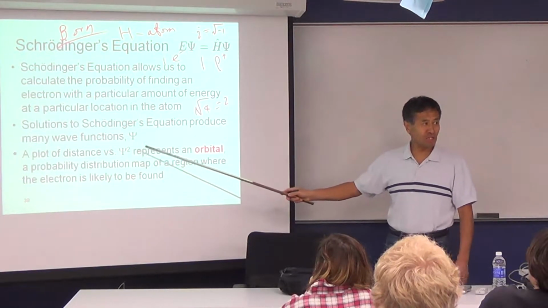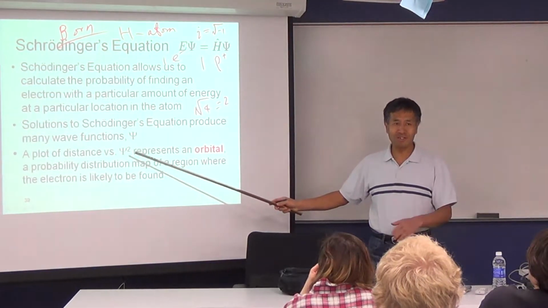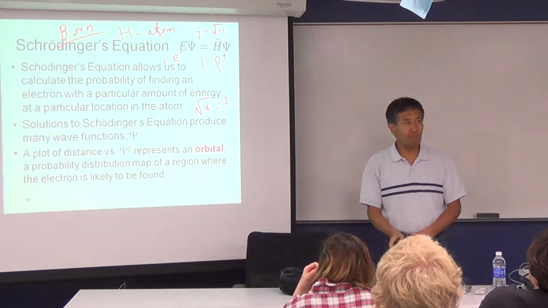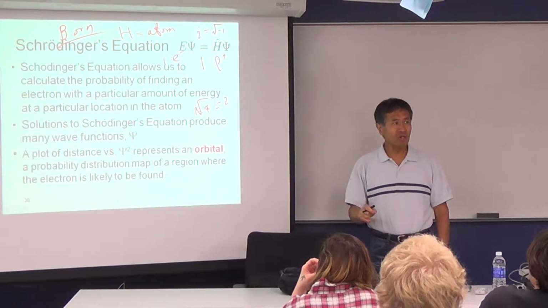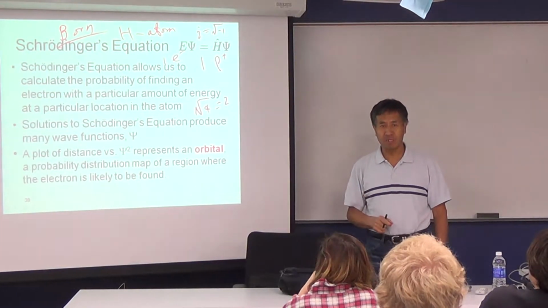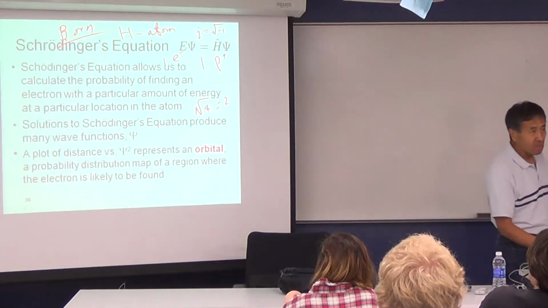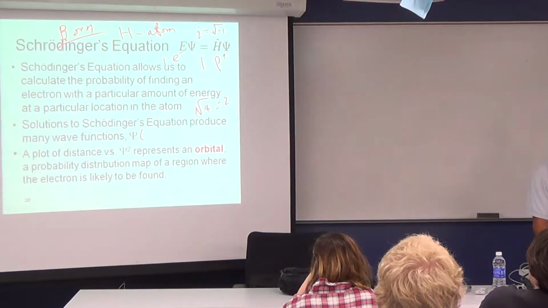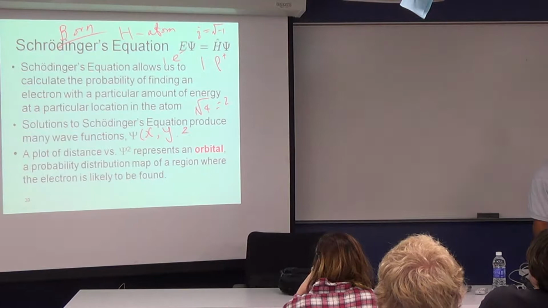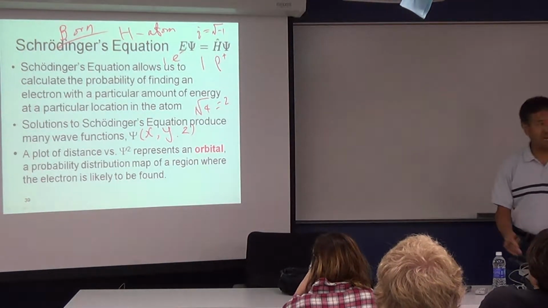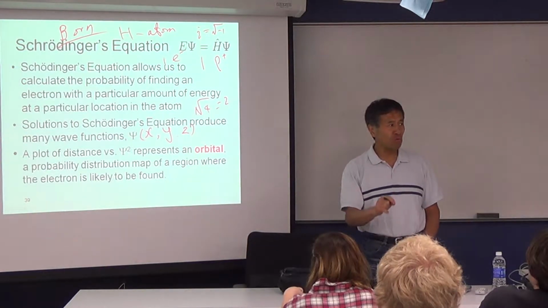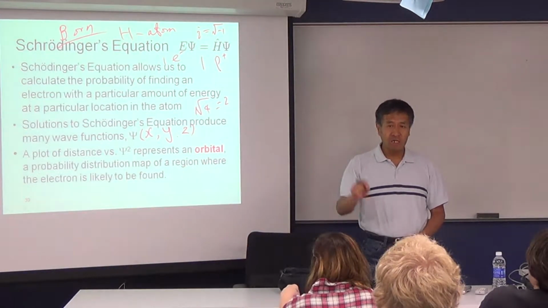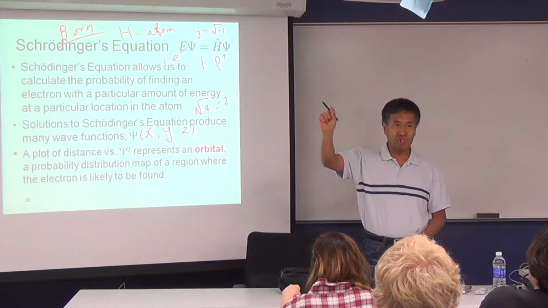He proposed this psi squared tells you the probability of finding the electron at one spot. Okay? Because this psi, this function, in general, depends on three coordinates, the Cartesian coordinates x, y, and z. So if you tell me one number for x, one number for y, one number for z, I can fix one point in space.